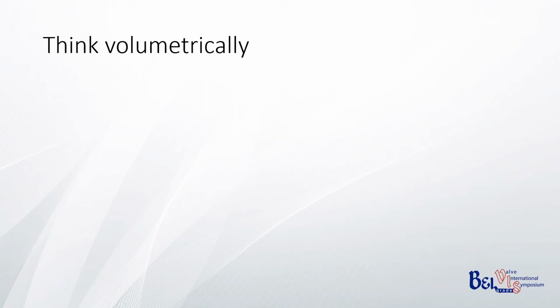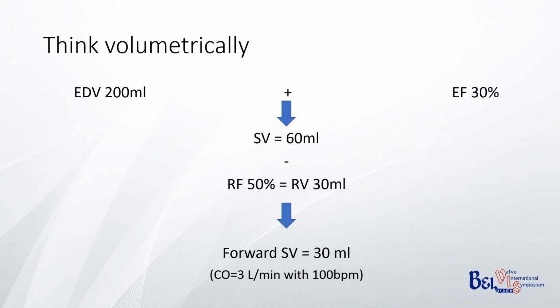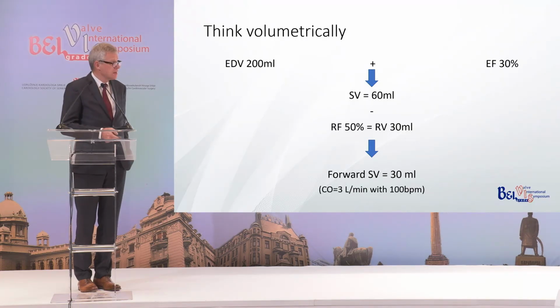Obviously, if you take into account the regurgitant fraction of these patients and you just go by 50% of regurgitant fraction, they will at least be left with like 30 mils moving forward, which is more or less 3 liters per minute with 100 beats per minute, which is not much again, but at least may be compatible with survival. So something is clearly wrong with calculations here, and I always thought maybe we just need to move towards either doing CMR or something else.